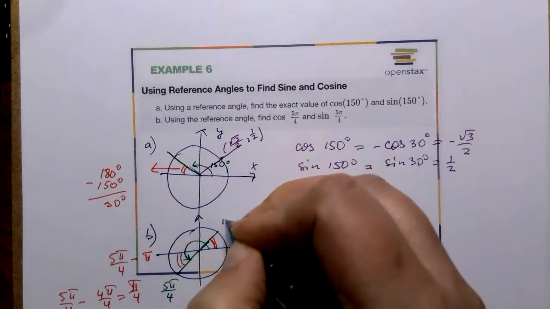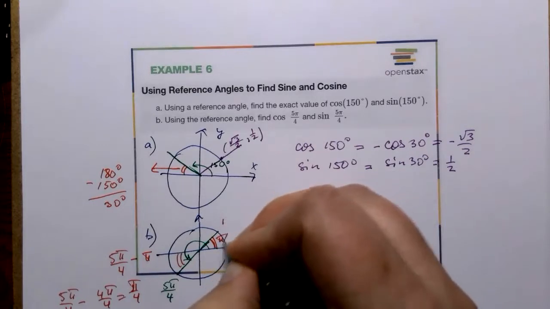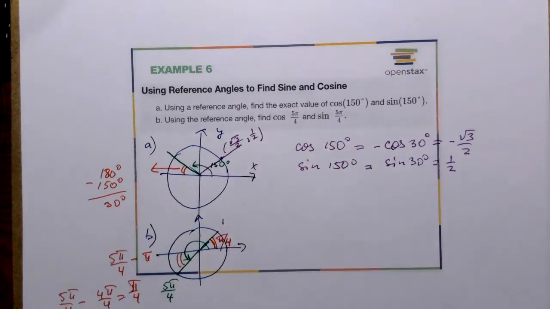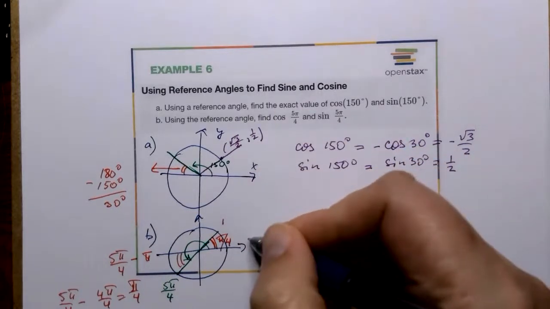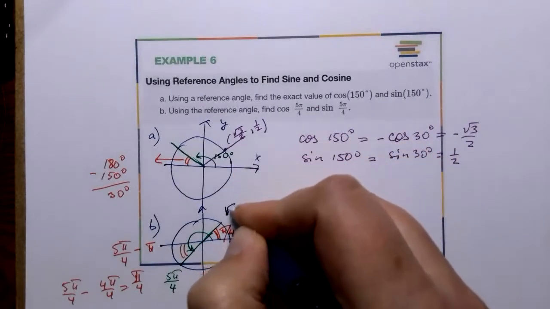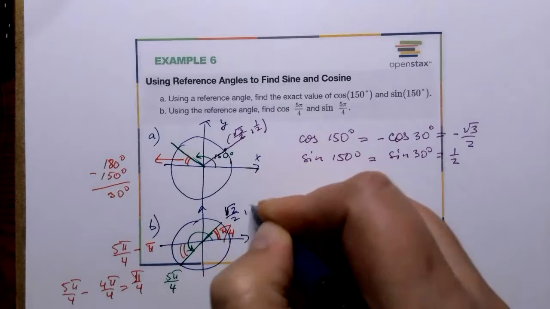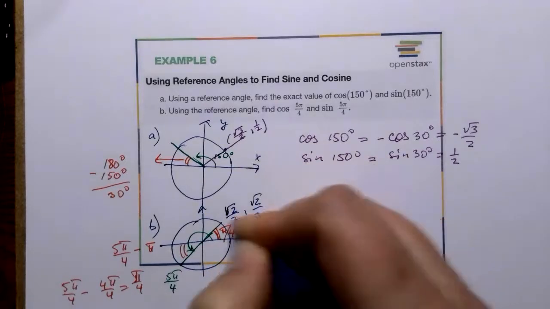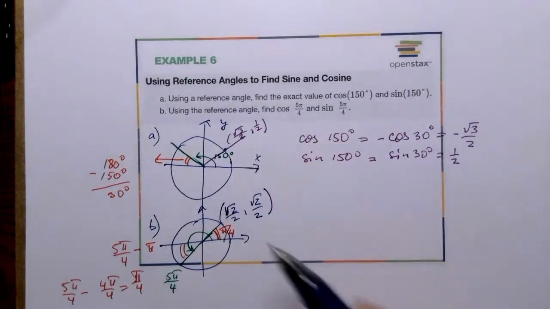So this angle right here is pi over 4, and we know that's a 45-degree angle, and the x and y coordinates are square root of 2 over 2 and square root of 2 over 2. All right.